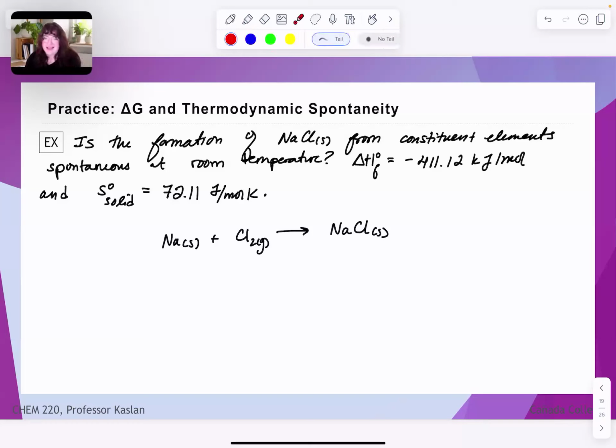And since at standard state conditions we are forming 1 mole of product, we could balance this so that we would have to double the sodium and the sodium chloride. But we want 1 mole here, so we are going to be lazy about this and put a 1/2 in front of the chlorine gas. Chlorine, not chloride, chlorine gas. Chloride is the ion.